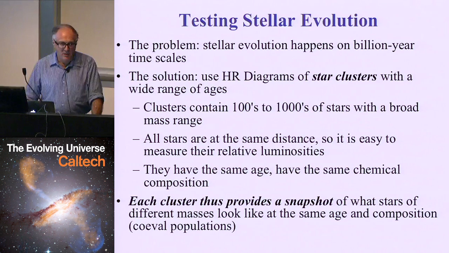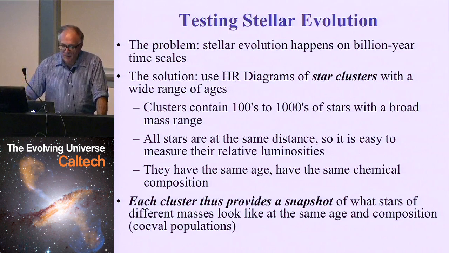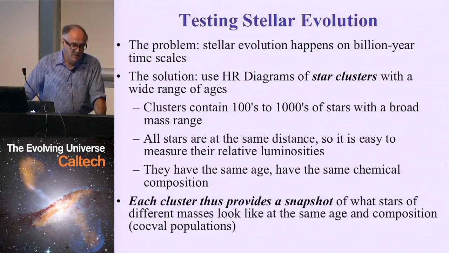And therefore, you have a whole set of stars of different mass. And if you find clusters of different ages, that can map the whole thing nicely. Now, a second thing is that they're all at the same distance, essentially. The spatial extent of clusters may be parsecs at most, whereas they're kiloparsecs away. So for all practical purposes, all stars are at the same distance.